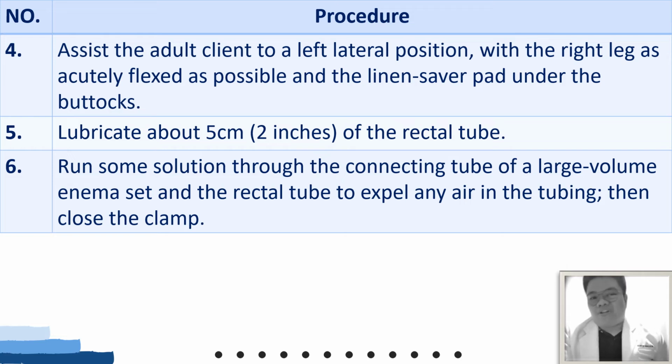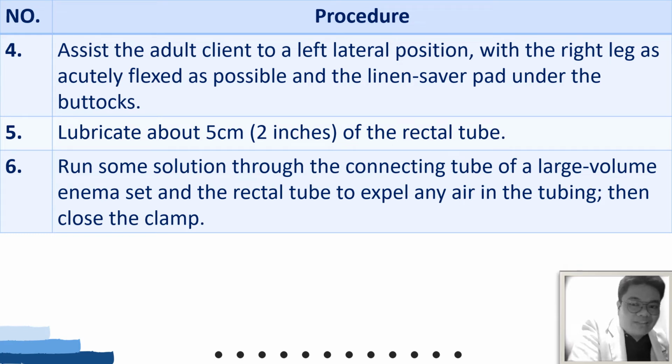Then lubricate about 5 centimeters or 2 inches of the rectal tube. Then try to run some solution through the connecting tube of a large volume enema set and the rectal tube to expel any air in the tubing. Now, you need to be careful that the rectal tube would not be containing air. So what we do is we prime the tube.